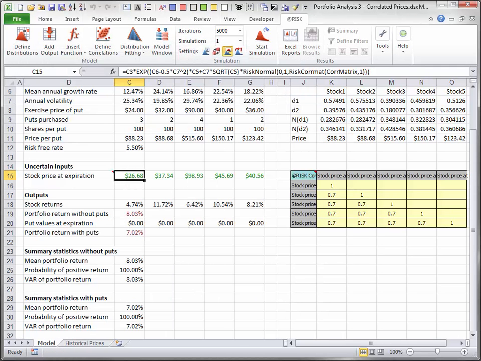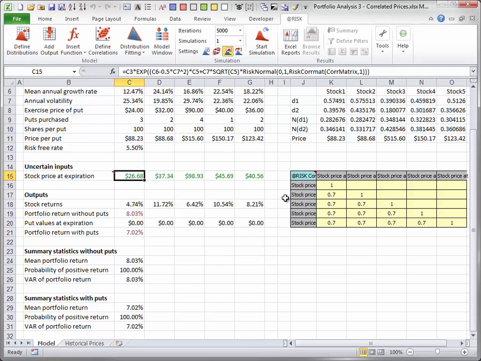This introduces the RiskCorrmat function into the formulas for the stock prices. The question is whether this will make much difference to the portfolio returns, with or without the put options.